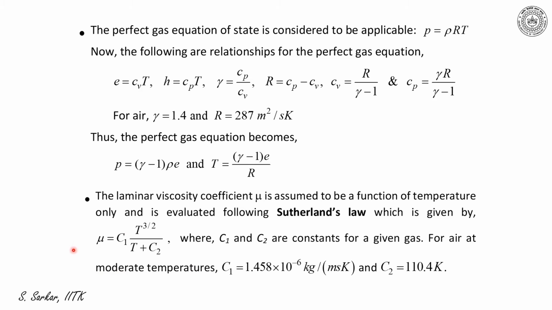For air at moderate temperatures, C1 is equal to 1.458 times 10 to the power minus 6 and C2 being 110.4. Thus, for air, one can evaluate mu as a function of temperature.